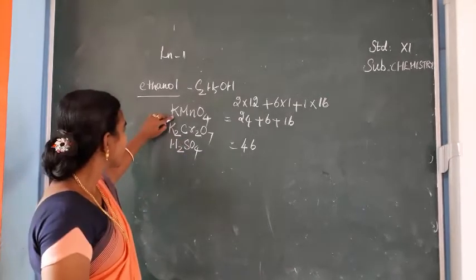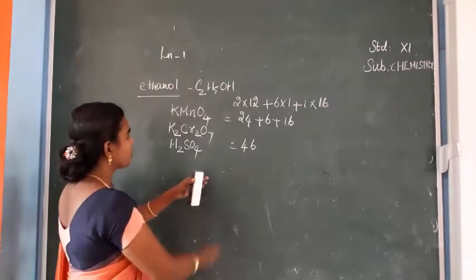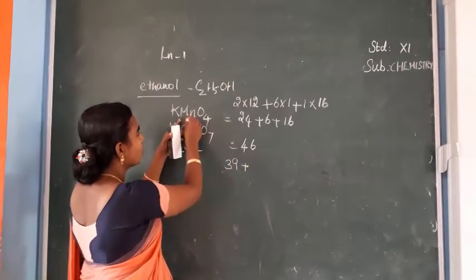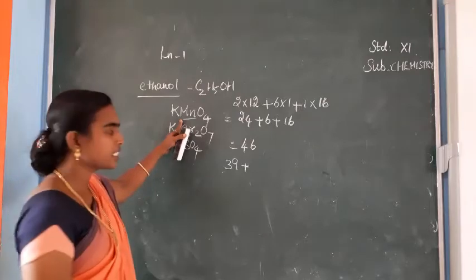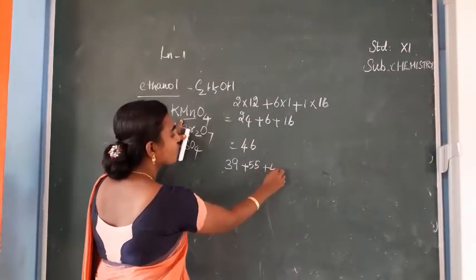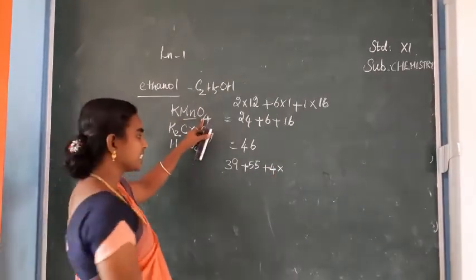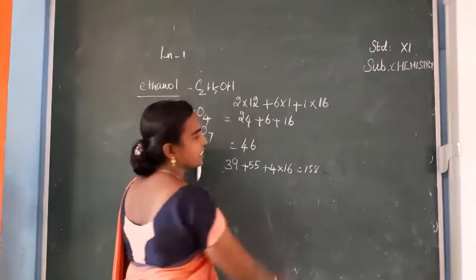Here you know that the atomic mass of potassium is 39. So potassium 39 plus, how many Mn are there? 1 manganese, its atomic mass is 55, plus 4 into oxygen, which is 16. So 4 into 16, and you will get 158 as the answer.